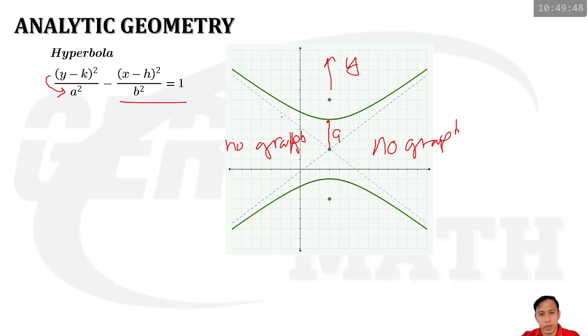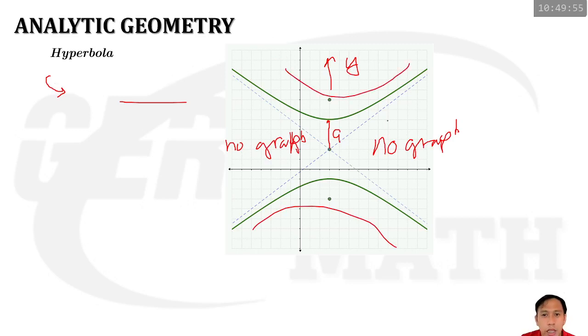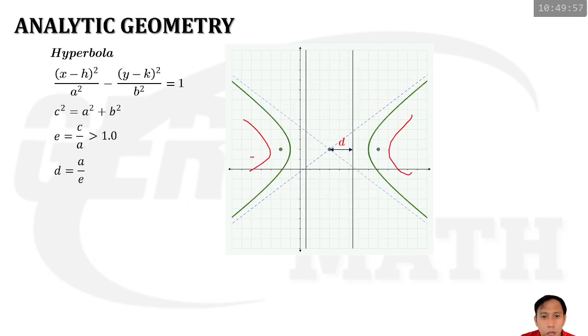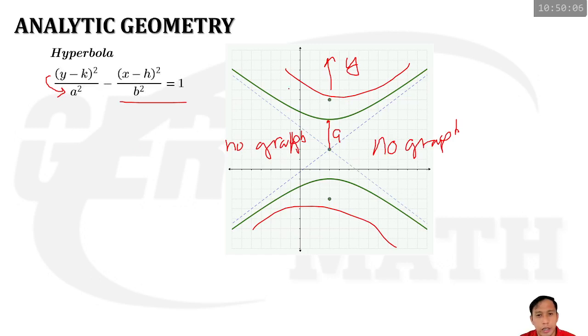If the opening is towards the x direction, horizontal, then that term is positive, and the other is negative. Here, towards y, so it should be a squared under y.